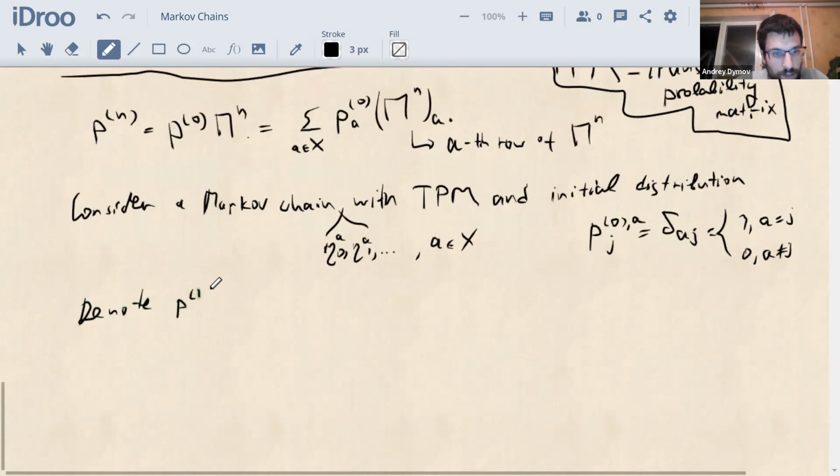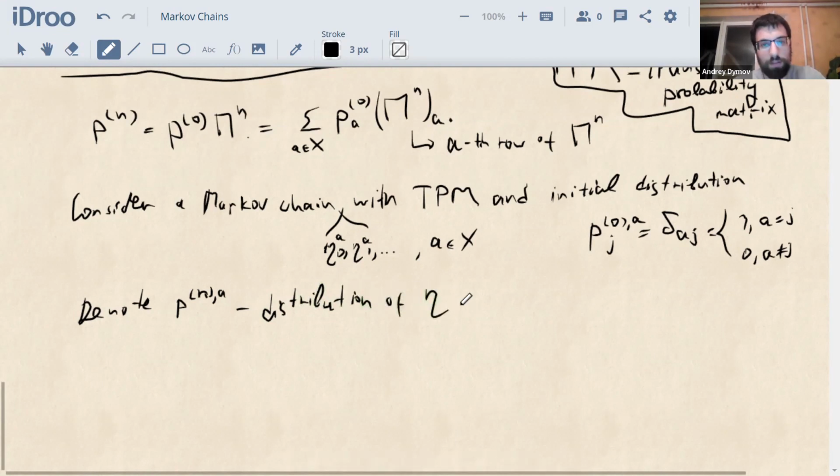So then I will denote by P_n^A, similarly, the distribution of my Markov chain eta_n^A. Okay, so what is this? This is just the same Markov chain in the sense that it has the same transition probabilities, but the initial distribution is different.